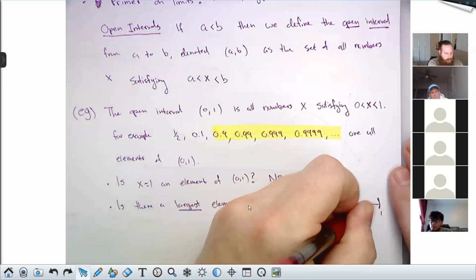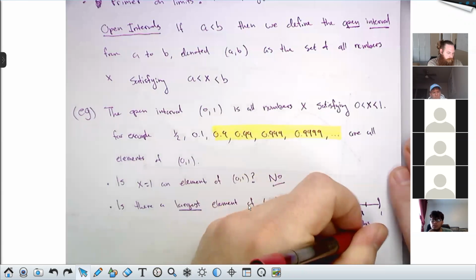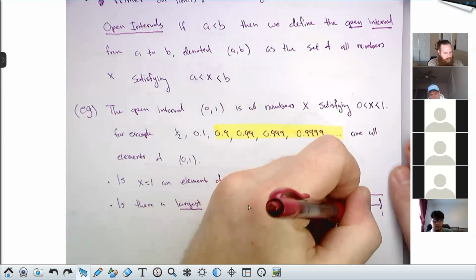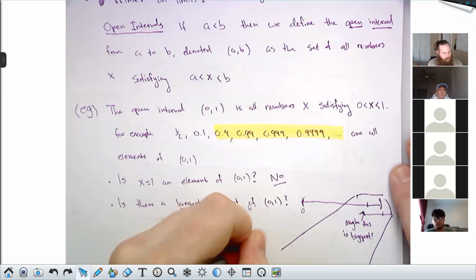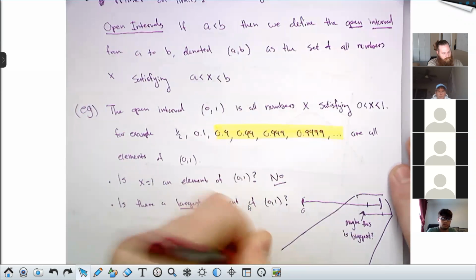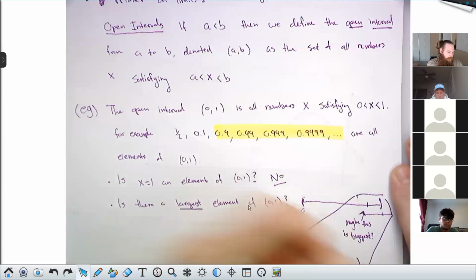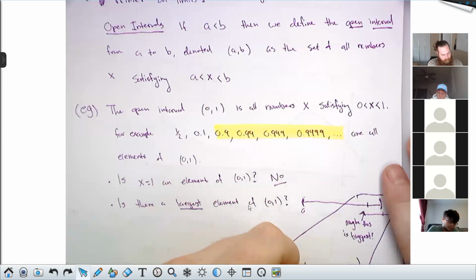Maybe this guy right here. But then if we zoom in, if we take this little region here and we zoom in, we'll find that there's actually infinitely many numbers between that possible biggest and 1 itself, right?